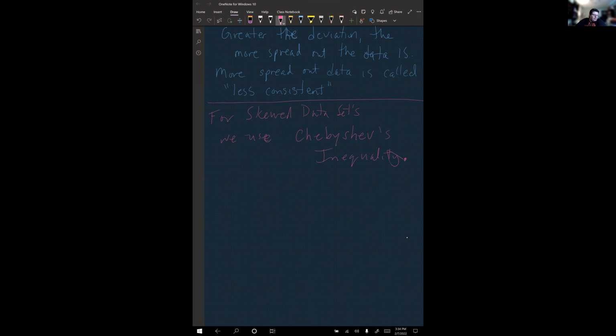And Chebyshev's inequality is if we're talking about k deviations from the center, one minus 1 over k squared times 100% of the data is captured.